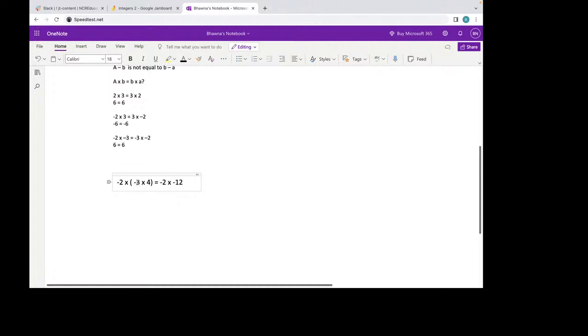Then minus 2 multiply minus 12: both are negative, so we will get a positive number, and we know that 2 multiply 12 is 24. So this time we got 24.